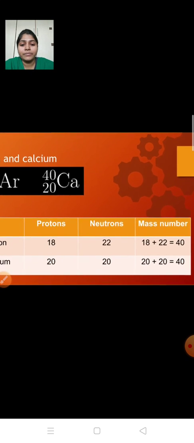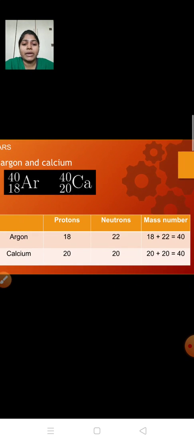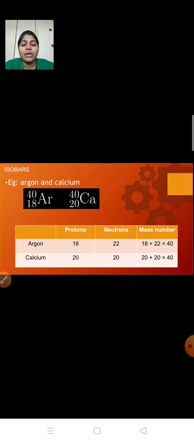Look at the table. Argon contains 18 protons and 22 neutrons. The mass number is 40. And calcium contains 20 protons and 20 neutrons and the mass number is 40. Okay, so I hope you have understood whatever we have learned today.